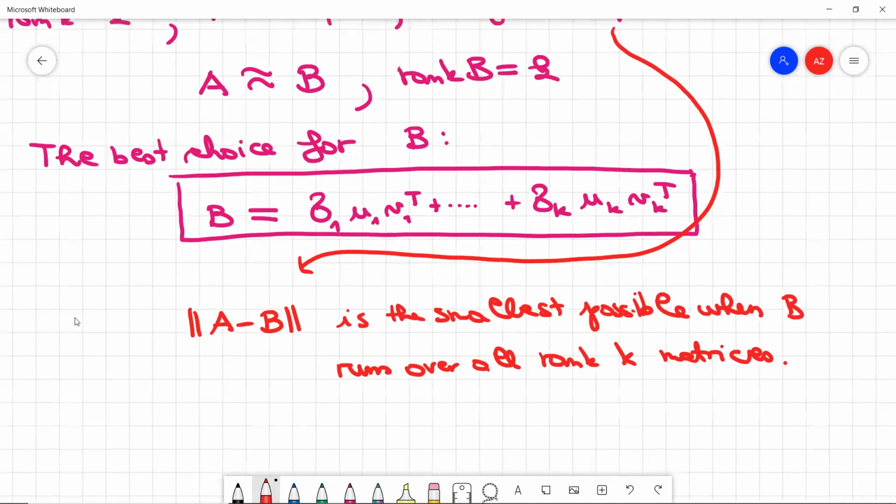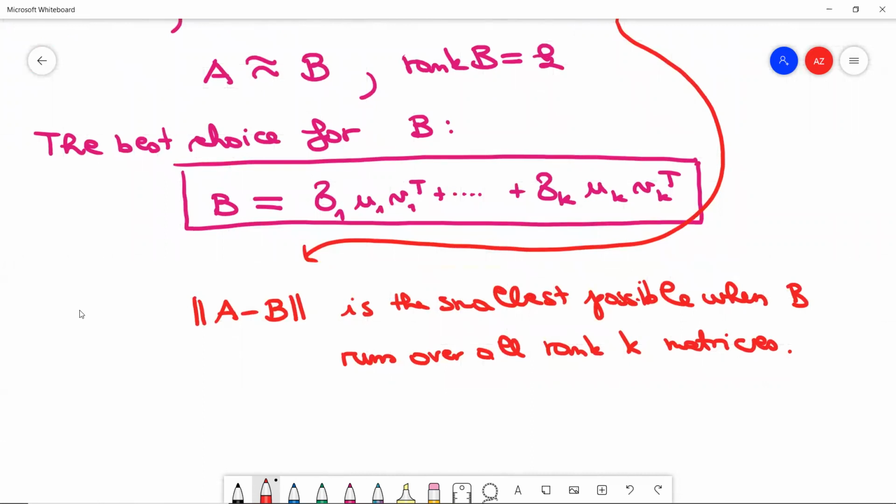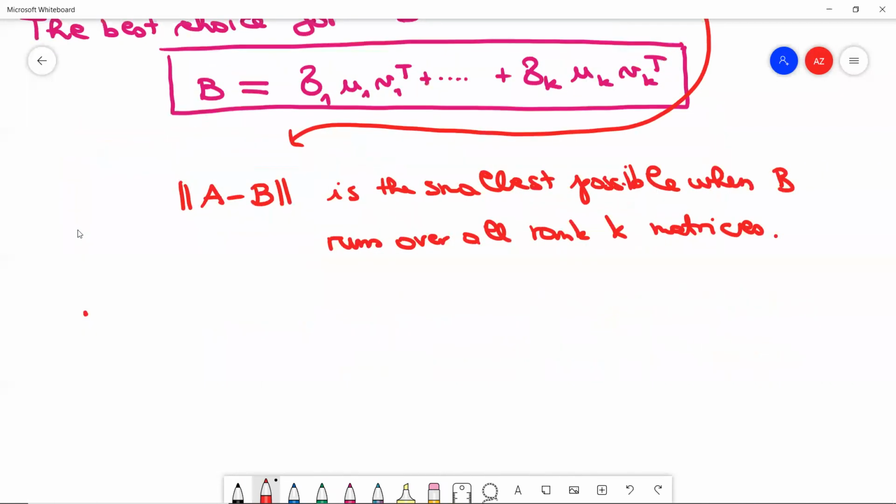Okay, we didn't talk about the norm of a matrix so far, but there are many norms of a matrix. One which directly generalizes the Euclidean norm would be the Frobenius norm. I will just tell you two specific norms of a matrix.